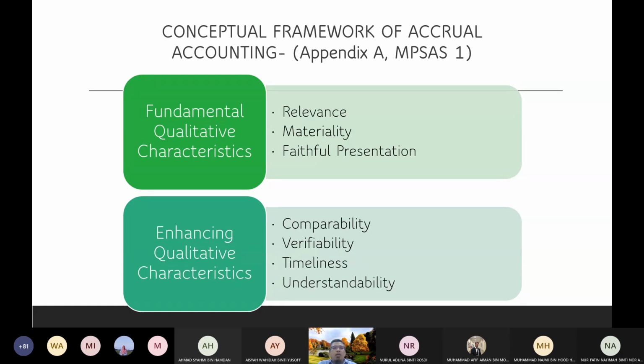By adhering to all these characteristics, the accountants should prepare what kind of accounting information? True and fair information. Yes. True and fair financial statements. True and fair view. Okay.